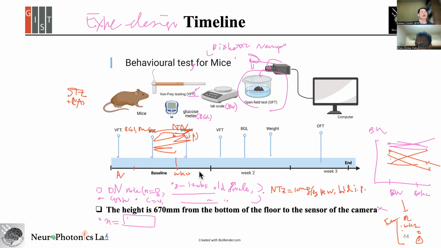And then you wait for 2 weeks, right? In week 1, you haven't done anything. Yeah, in week 1 we only injected. Week 2, did you specify the date? Week 2 is just too long. After 2 weeks from the baseline, so at the end of 2 weeks.